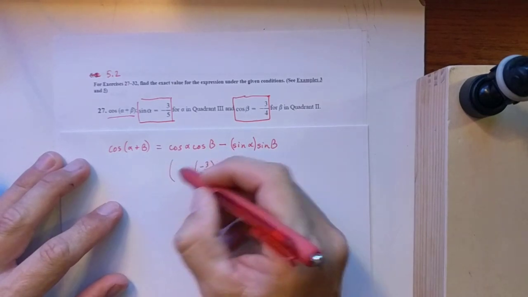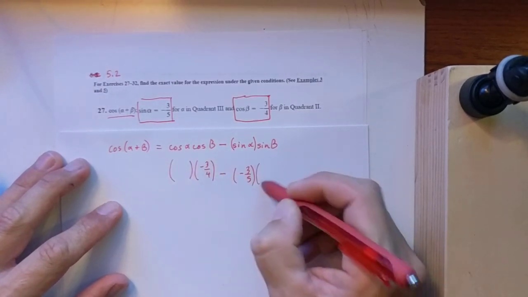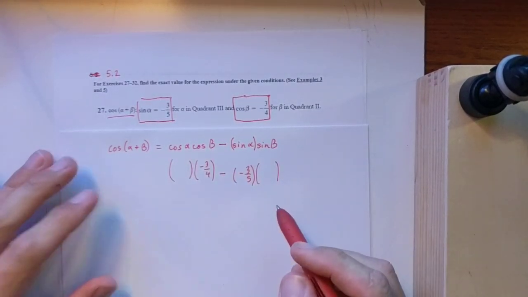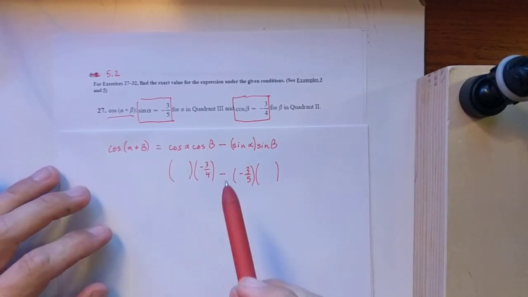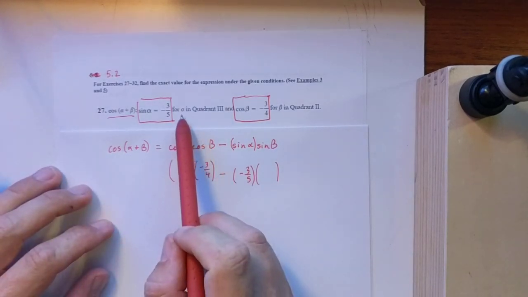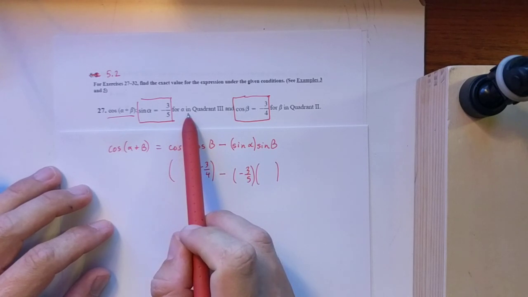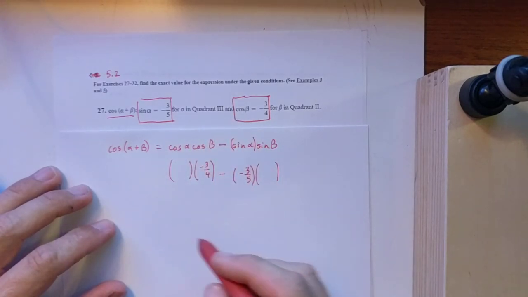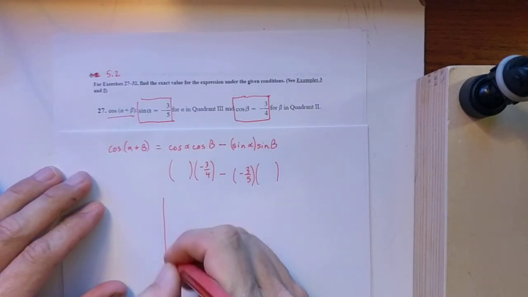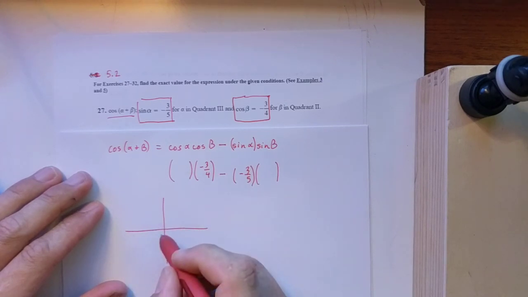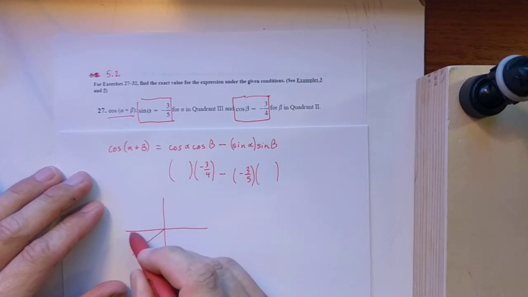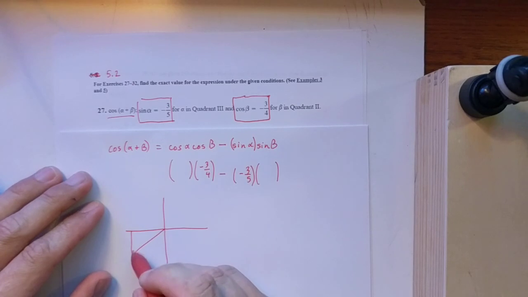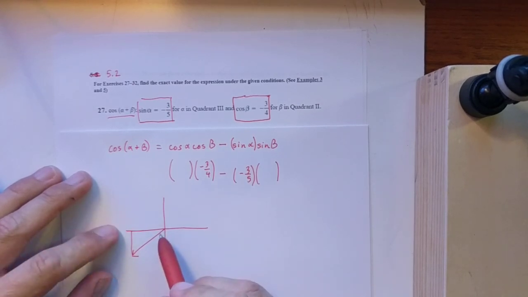Okay, so what are we missing? Well, we're missing the cosine of the first angle and the sine of the second angle, right? So for that, we're going to need some information. For example, here it says alpha is in quadrant 3, right? So the terminal side of the angle is down here somewhere.